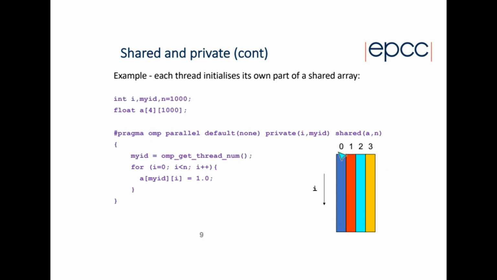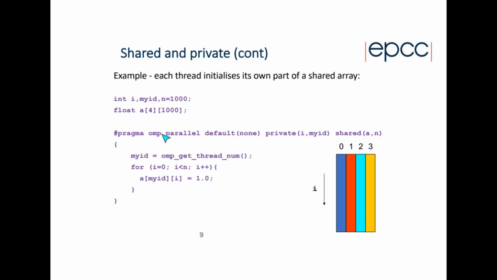It has, say, four columns, and I want each thread to write some values into a different column of this array. So here's my array declaration here. It's 4 by 1,000.